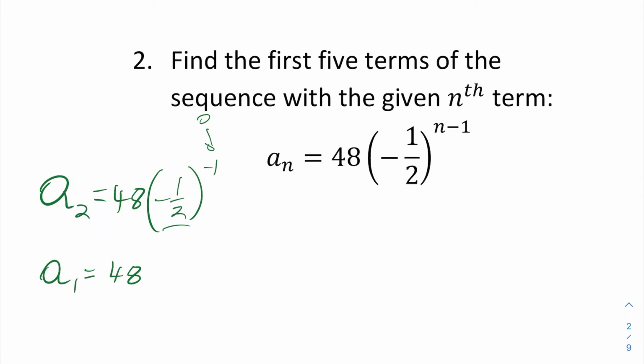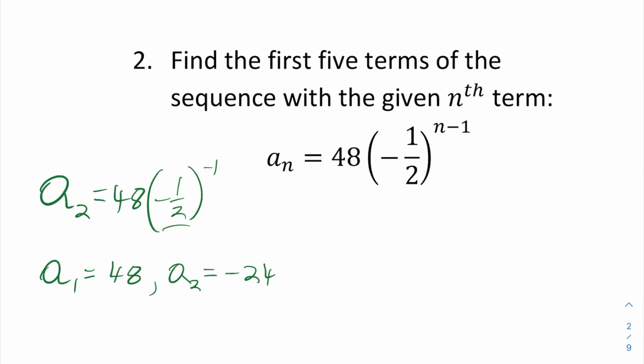All right, A2, we just replace those. And instead of 1 minus 1 equaling 0, now we have that 2 minus 1 is equal to 1. So that's going to be 48 times -1/2 to the first power. So A2 is equal to -24. All right, moving right along.